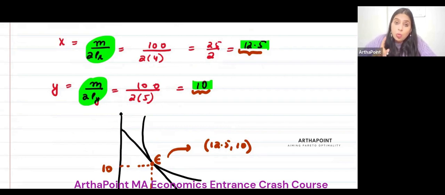This is method 1 to do things. Method 1 is where you equate MRS to Px by Py.